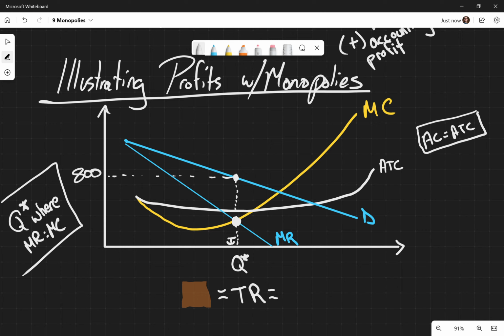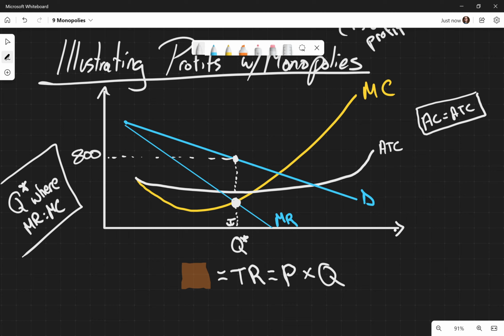We know that my total revenue is nothing more than my price times my quantity. In this particular case, we're told that the quantity is equal to 5. So this is going to be 800 times 5. It's going to be $40,000, Warhammer 40K. And so the graphical representation of that is this whole giant rectangle here.